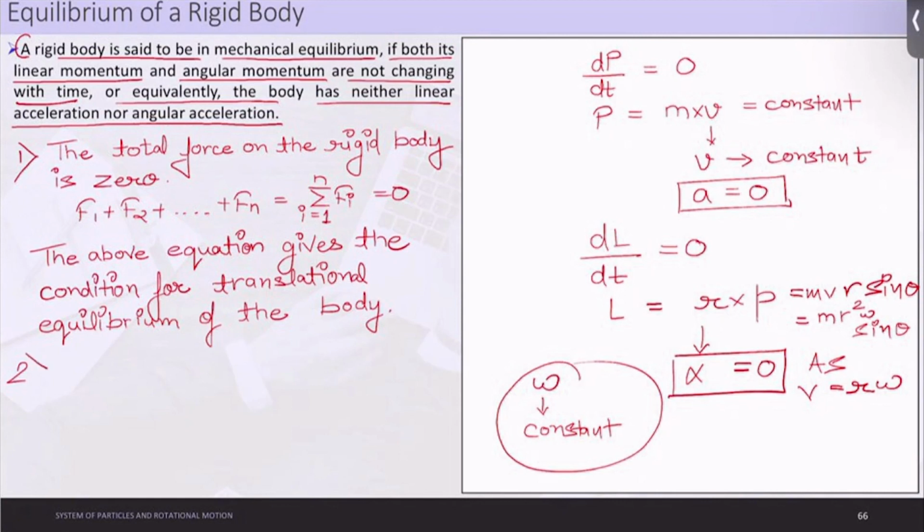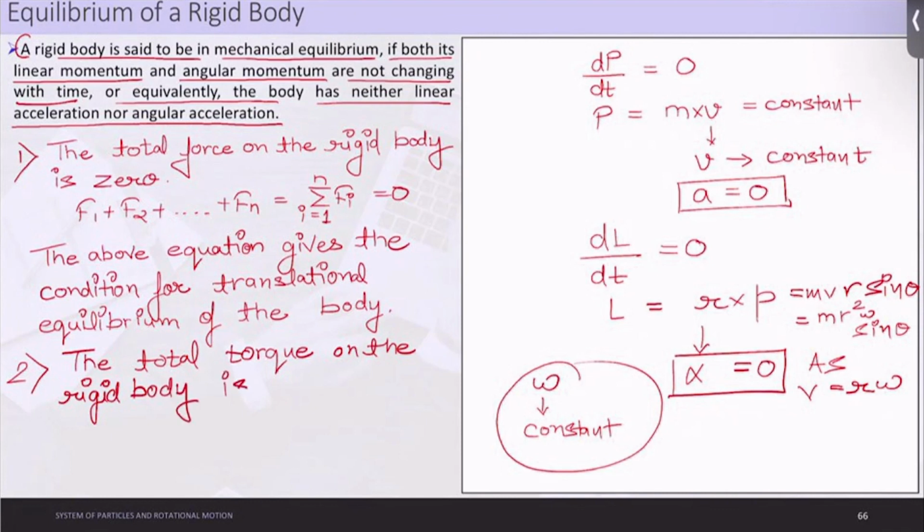Also we can say that the total torque on the rigid body is equal to 0. In mathematical form we can write tau 1 plus tau 2 and so on till tau n, which is the summation of tau i from 1 to n, equal to 0.